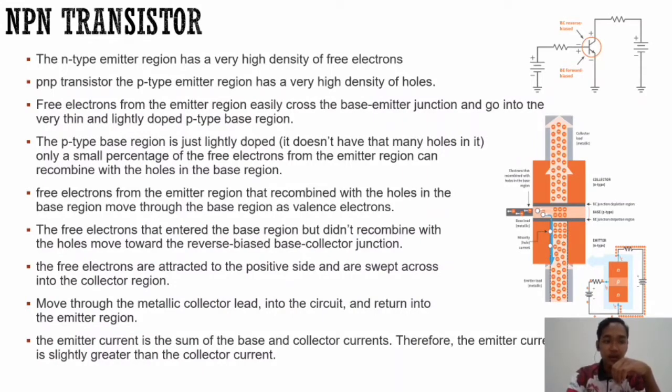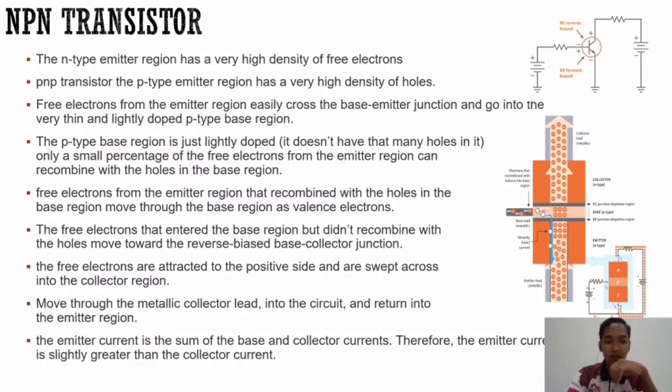Okay, free electrons from the emitter region that recombine with the holes in the base region move through the base region as valence electrons. The free electrons that enter the base region and do not recombine with a hole move toward the reverse-biased base-collector junction.